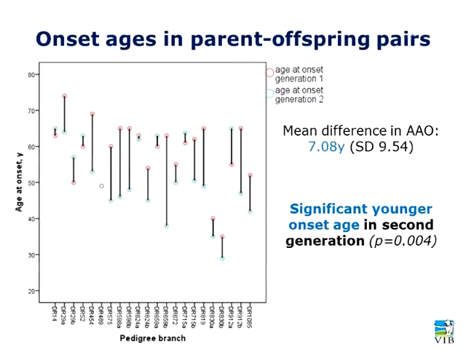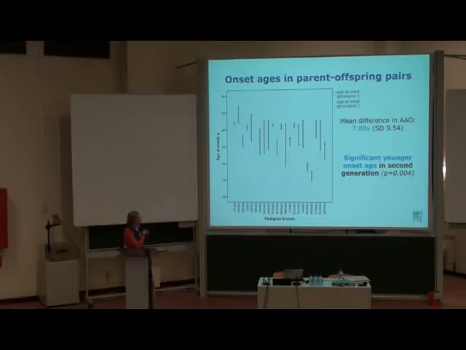As you can see, some parent-child pairs have a reverse pattern, but you can see that these differences are rather small, and as we said, it's not always easy to estimate the onset age, so it could be that there were some wrong estimates of this.